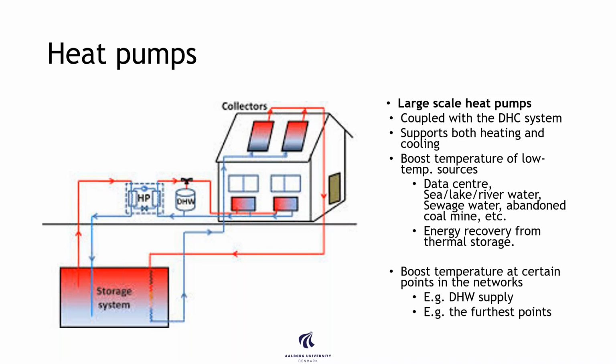It could potentially be a data center, or if we have water from a lake or river that is consistent enough and where we can have a good enough flow, or deep enough that we have stable water so it doesn't freeze, then we can use that as well to boost those temperatures into heating.